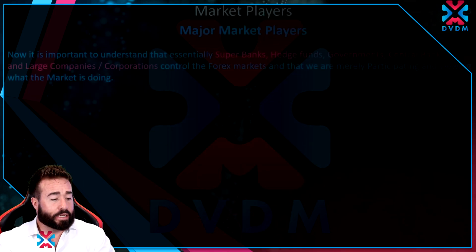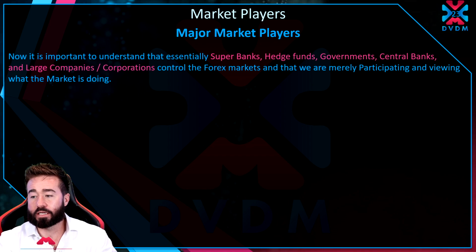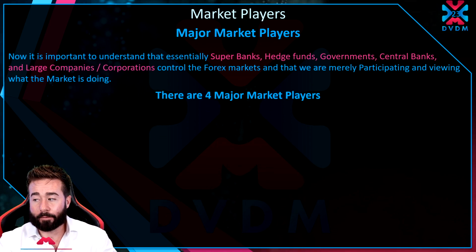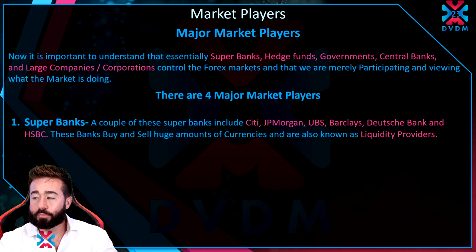Now, to expand on this a little bit further, it's important again to understand that these entities control the markets and we're merely participating in what they're already doing. So these are the market players laid out in terms of the major market players. Super banks, examples of this would be banks like Citi, JP Morgan, UBS, Barclays, Deutsche Bank, HSBC.